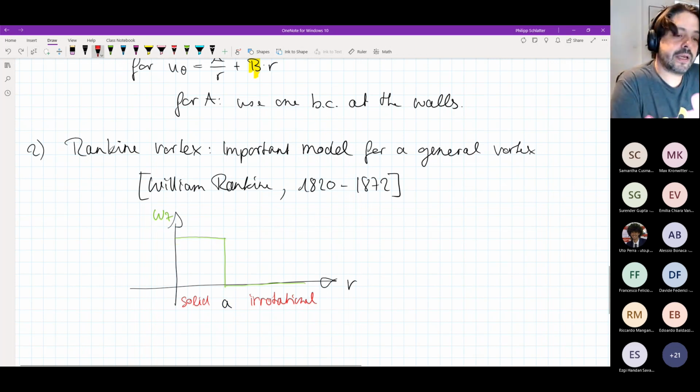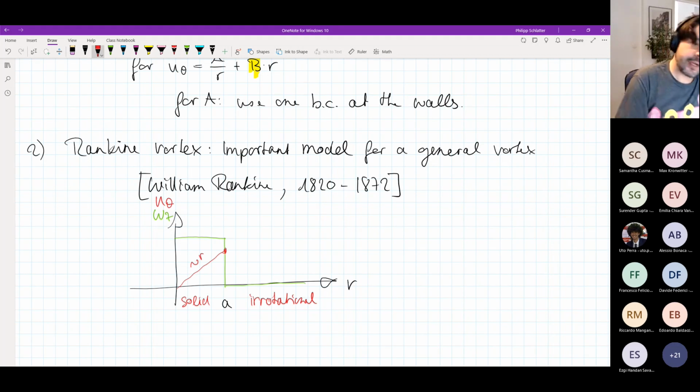So this was now for the vorticity. How does the velocity look like? If I draw that here in the same diagram with red instead, inside the rotational region, I would have an increase which is linear, so it's proportional to r up to a certain point, and then outside it would essentially decay as 1 over r, something like this.